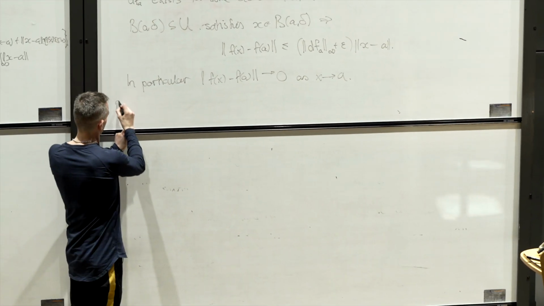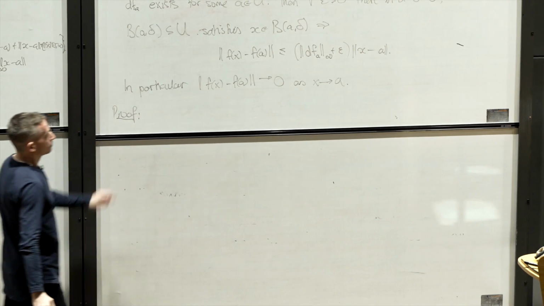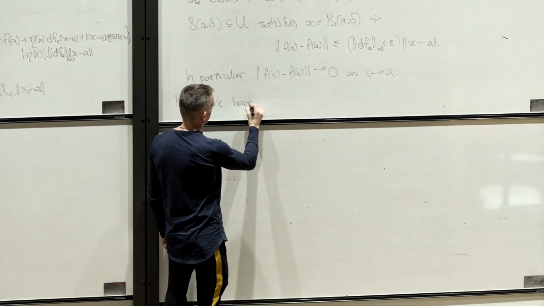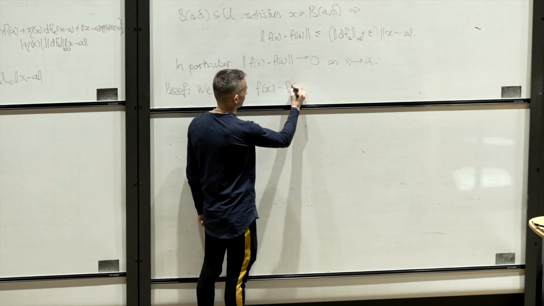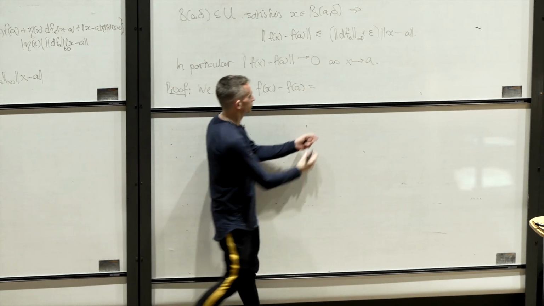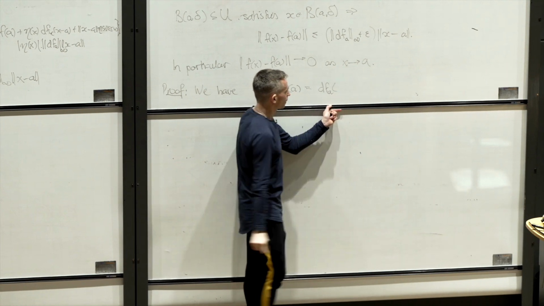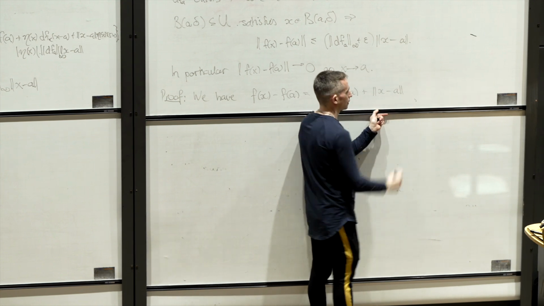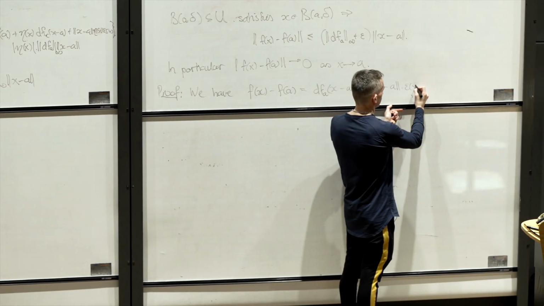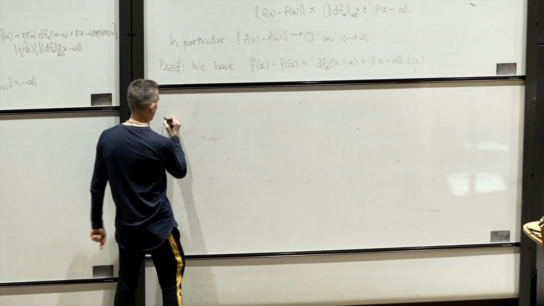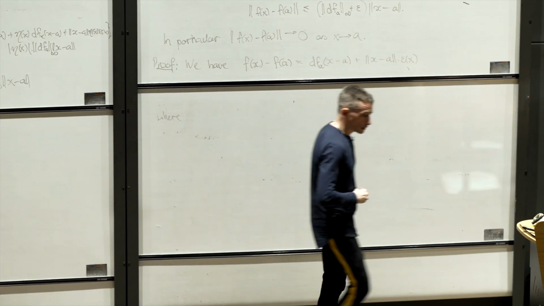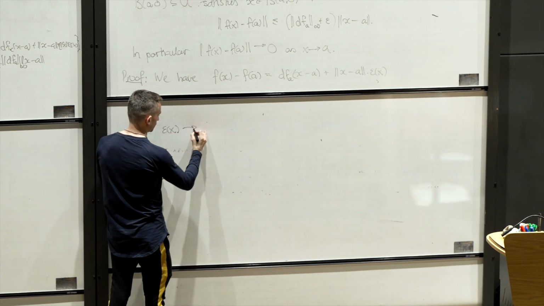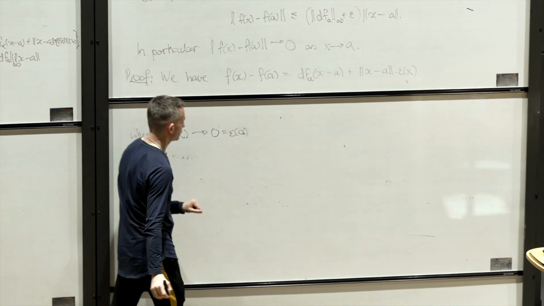Okay, so the proof is just rolling out this definition. We have f of x minus f of a equal to the linear map, which is the derivative, applied to x minus a, plus the norm of x minus a times epsilon of x, where epsilon of x tends to 0, which is what we define epsilon of a to be, as x goes to a.